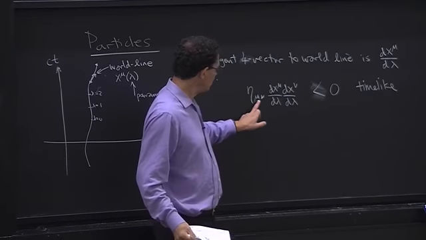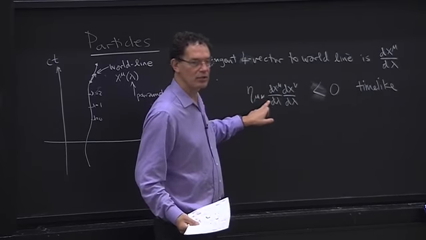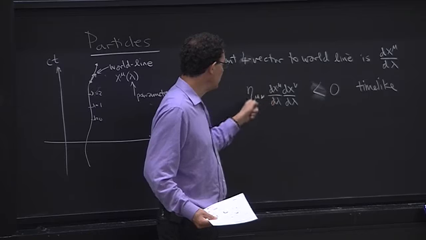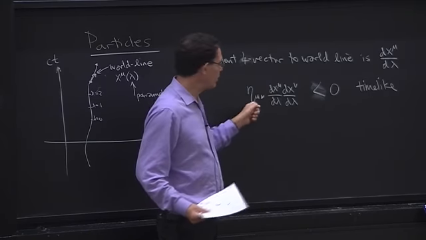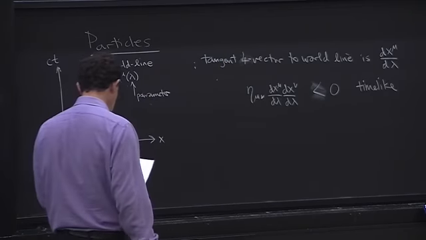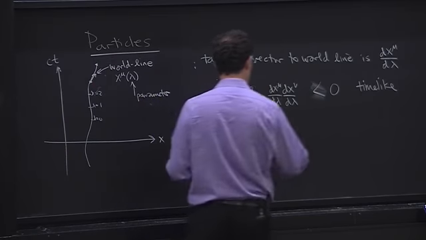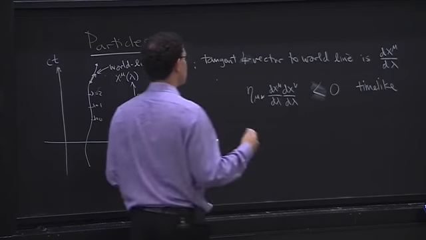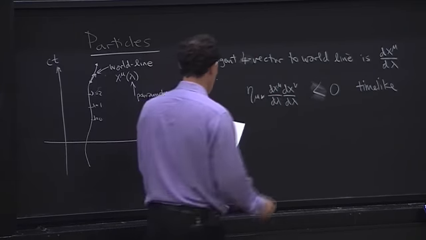You'll remember that η_00 is -1. So if dx is in the time direction only, this quantity is negative. So we say the tangent vector is time-like if this is negative.